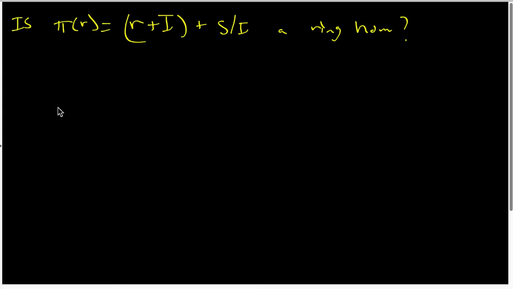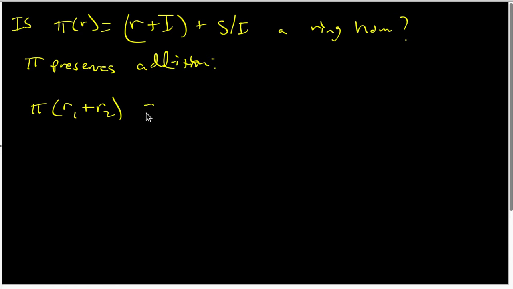Well, let's think about showing that. So first of all, pi preserves addition. So let's look at pi of r1 plus r2.